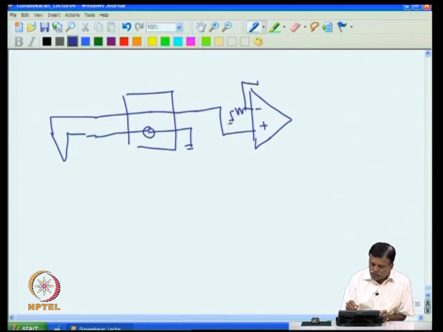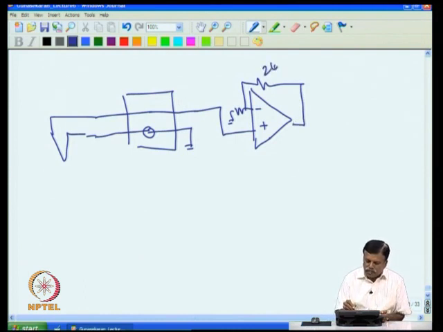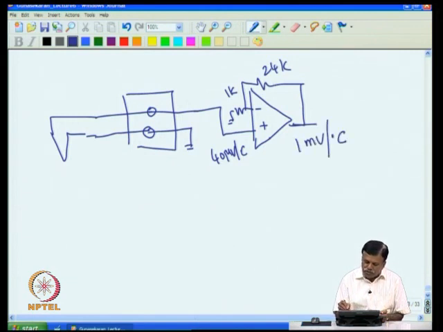For example, I have a gain of, say, 25, just for academic purposes, by putting 24K and 1K. The sensitivity here is 40 microvolt per degree C. So 1 degree change here will give me 40 microvolt change, and 40 microvolt amplified by 25 will give me 1 millivolt. So you will get 1 millivolt change for every 1 degree change at the output.